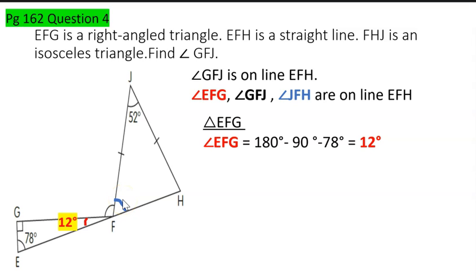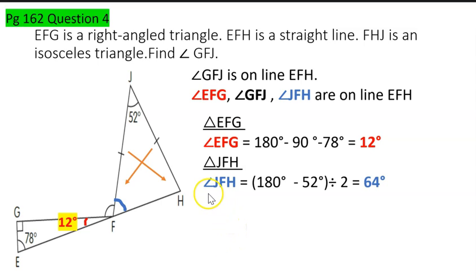This angle is part of the triangle JFH. Triangle JFH is an isosceles triangle. This means that angles opposite the equal sides of the triangle are the same. With that, I can find angle JFH, which is 64 degrees.